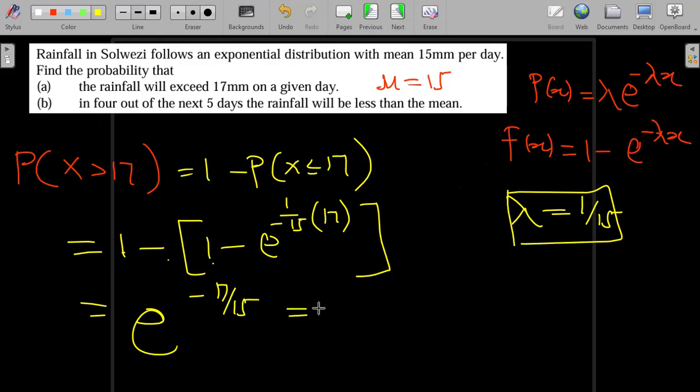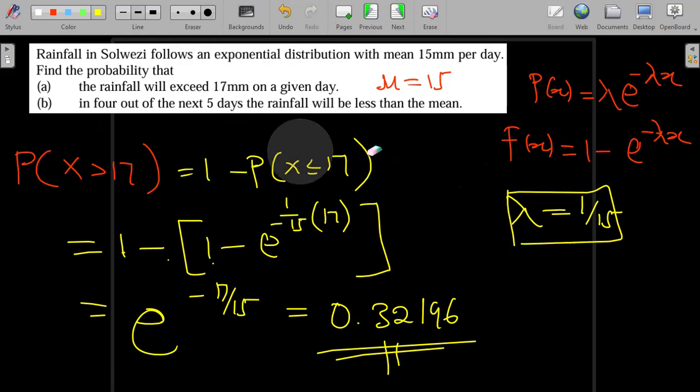Let's calculate this on the calculator. e to the power minus 17 divided by 15, I'm finding 0.321196. So that is the probability that the rainfall will exceed 17 milliliters on a given day. All right, awesome. Let's look at B.